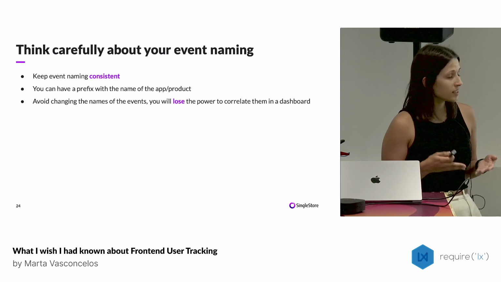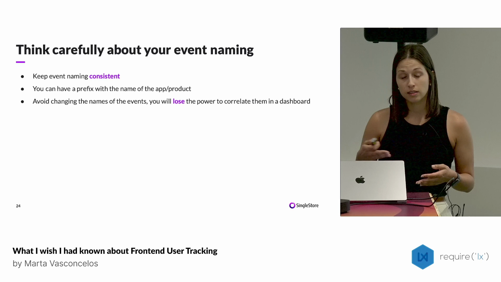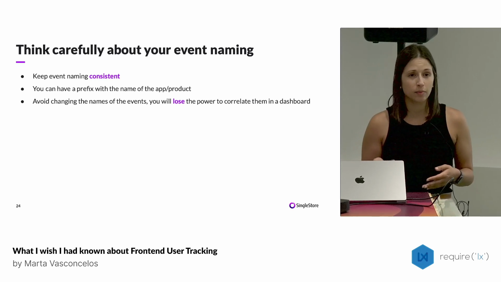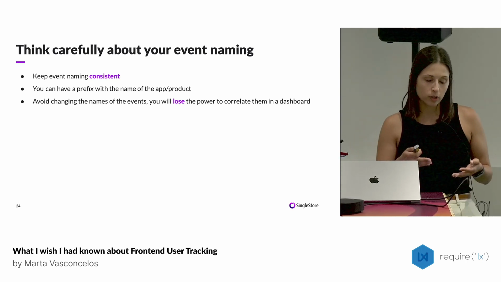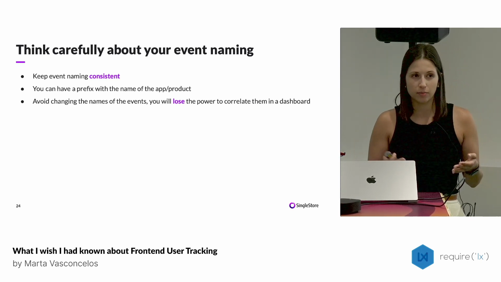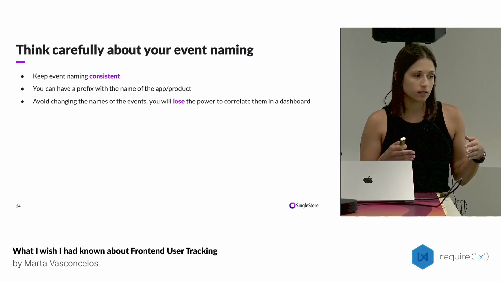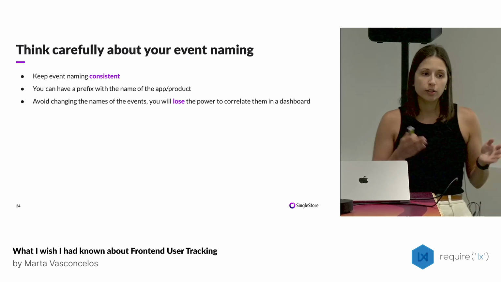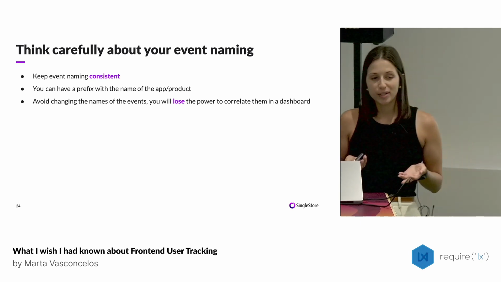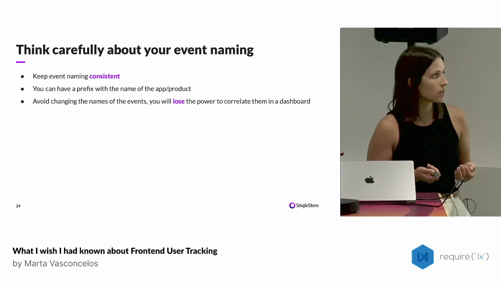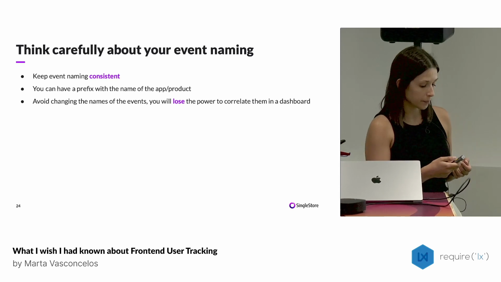And that is very important, because anytime you need to change the event naming or the properties naming, you're not losing the data, but you're losing the power to correlate the data very easily, because you no longer can create a dashboard where you track one event from 1 month or 2. You need to split it because the name has changed. And it's very bad when we need to do that because the insights are no longer as clear as they could be.